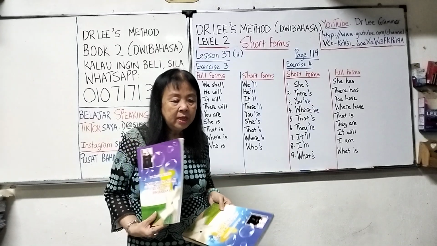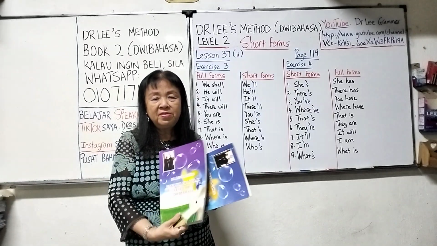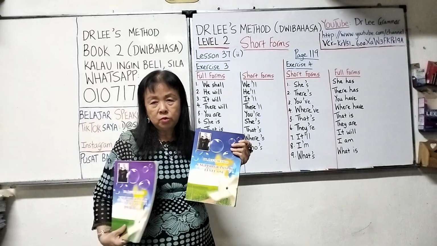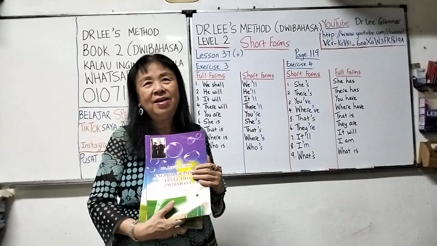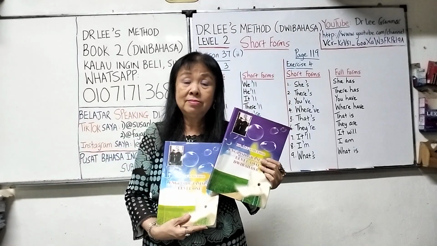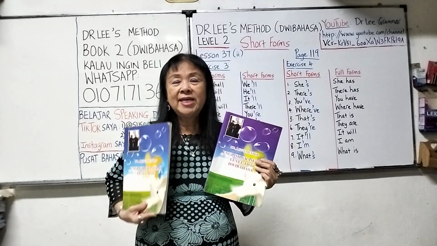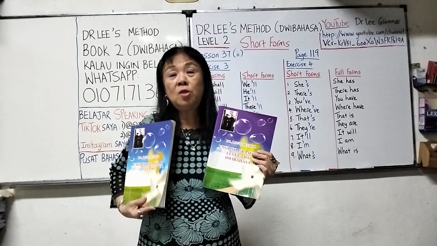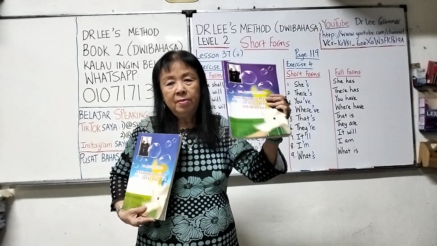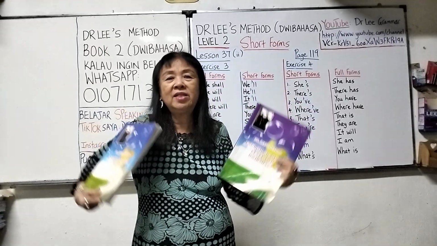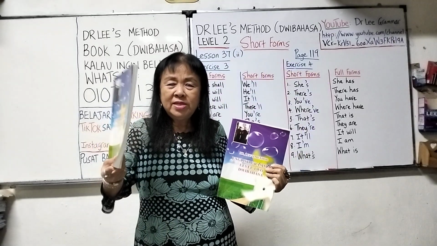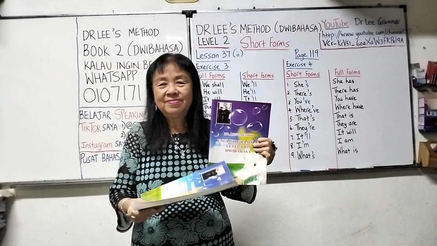So you may want to know the difference between book 1 and book 2. Actually, there is not. If you talk about the content, book 1 has 38 different topics, all grammar. Book 2 has 40 different topics, all grammar. All these 38 topics are here.